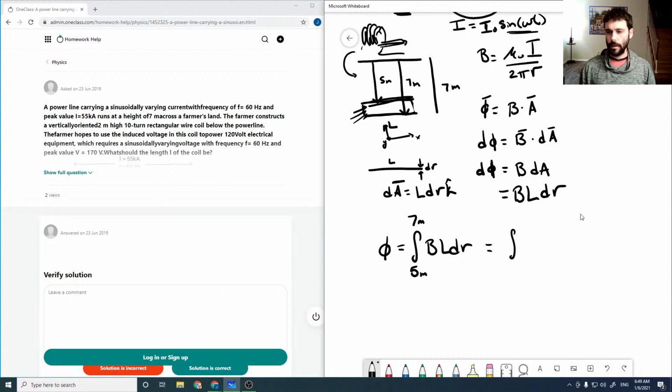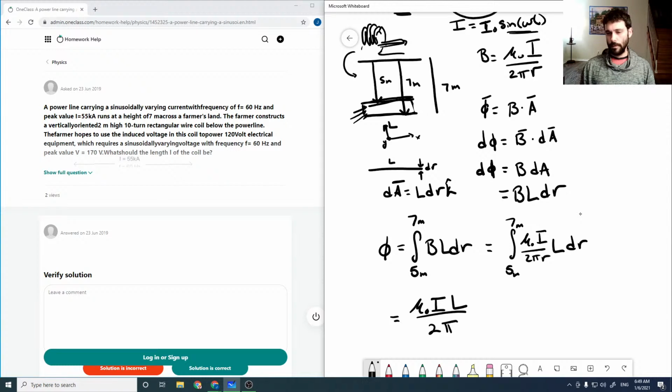So this is then the integral from 5 to 7 of mu naught I over 2 pi r L dr, which now we can bring out many of the constants. So mu naught I doesn't depend on the radius, and neither does the length.